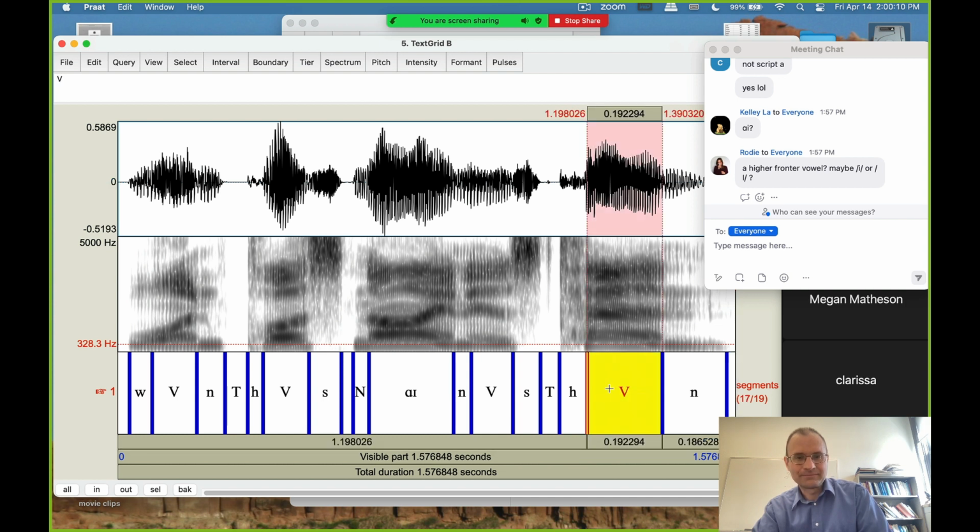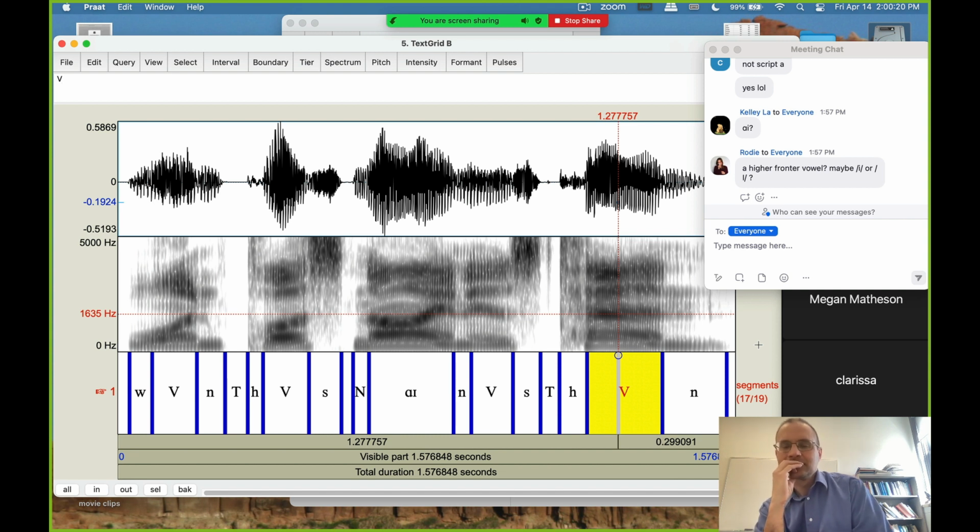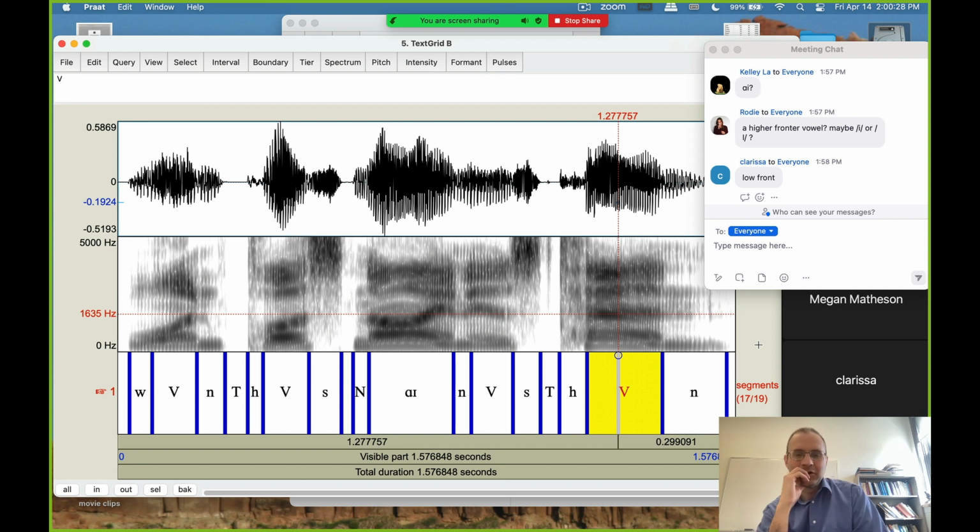What about this vowel? We have a highish F1, about 700 or so, and a highish F2. Where does that put us? Low front. So can you think of a good example of a low front vowel?